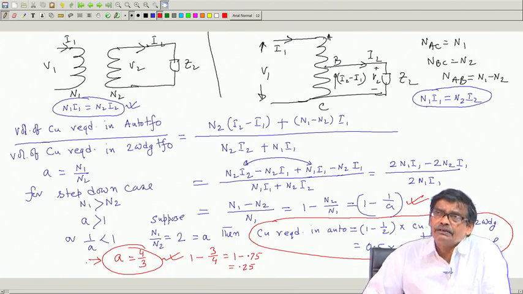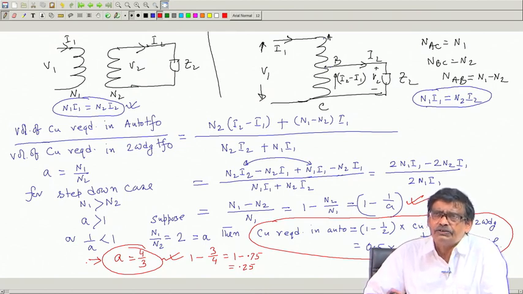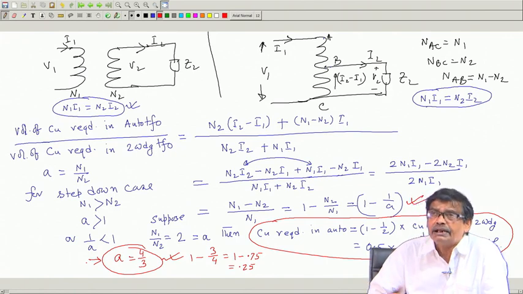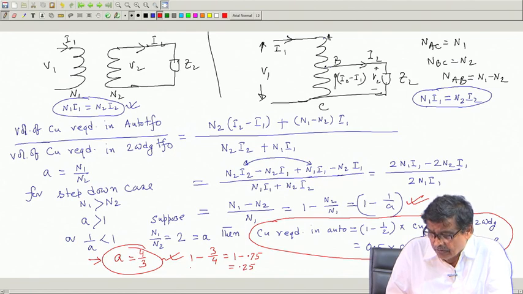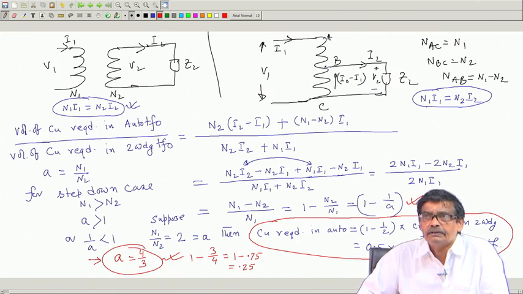It then looks like always go for AutoTransformer, because less copper will be required. Whether that less is really less or not, that is secondary issue, but mathematically we note that savings will always take place, no matter what is the value of A. What is the value of A? A is greater than 1 here, is not.